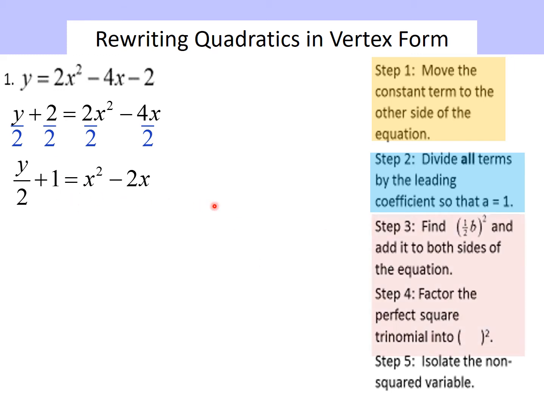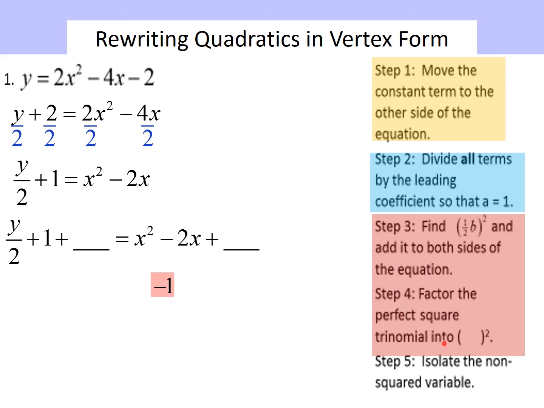Now, we need a value that's going to allow us to complete the square. So we need a value here. I'll call it a value of c, because this is my a, this is my b, and this is my c. I need a value of c that will allow me to complete the square. So I'm going to take half of my b term, which is x minus 1 now.